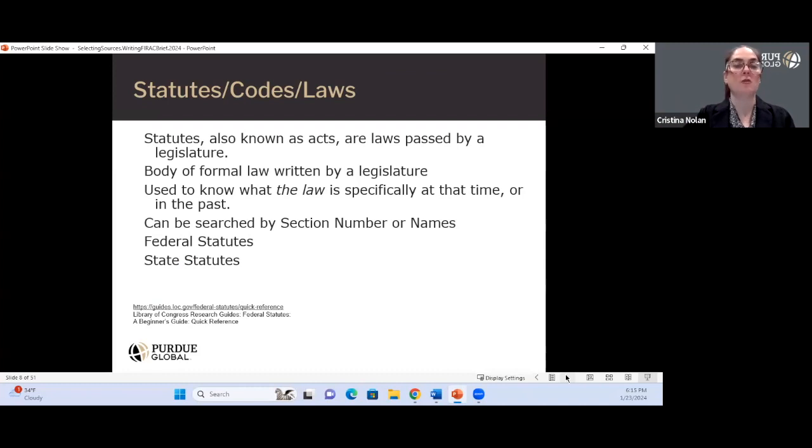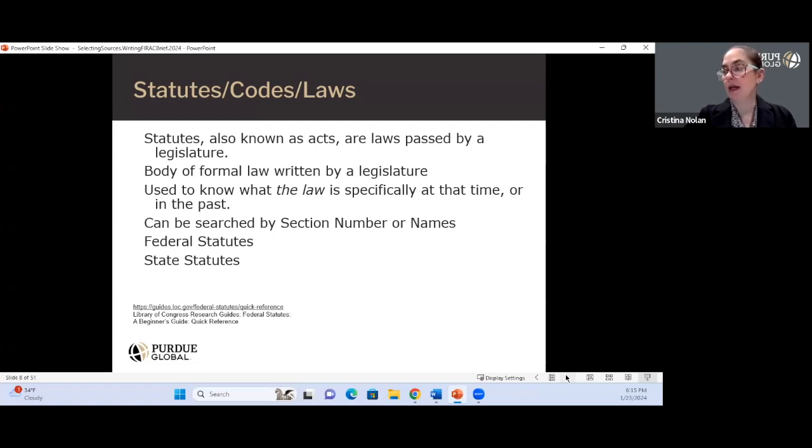Statutes, codes, and laws. Statutes, also known as acts, are laws passed by a legislature. This could be a state or a federal legislature. This is a body of formal law written by a legislature and is used to know what the law is specifically at that time or in the past. So you can find a current statute, or you can find older statutes as well.